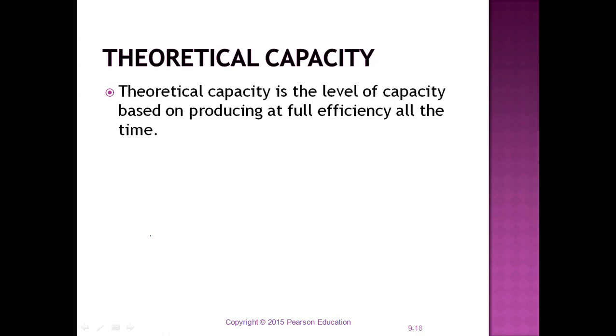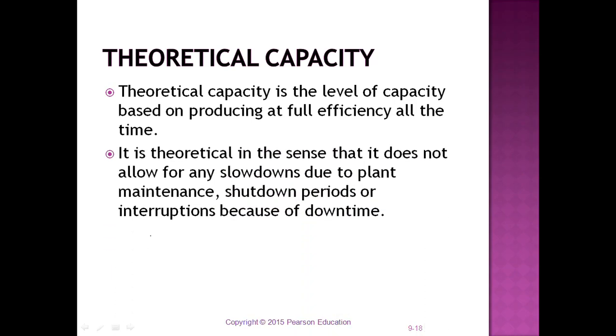But we need to understand that the company will never operate at its highest level of capacity, because they have to make allowance for some slowdowns in production, some bottlenecks, some maintenance, some shutdown periods, or some interruptions, because of which you may not be able to achieve the highest level of capacity, though you have the ability.